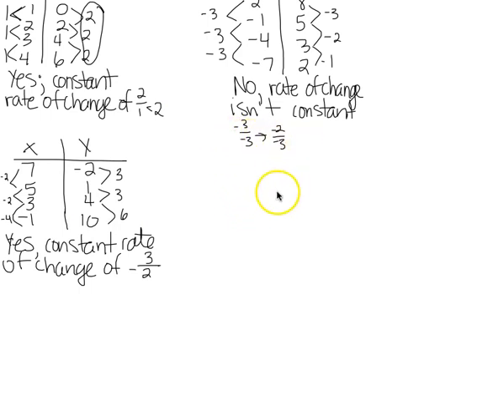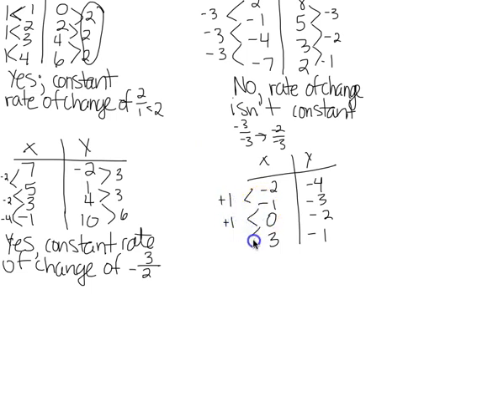All right, last one that we're going to look at. Apologize for the very messy writing. It's hard to write on this tablet sometimes. Okay, so here I added 1, added 1, added 3.